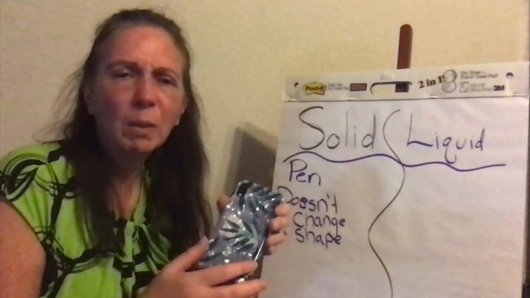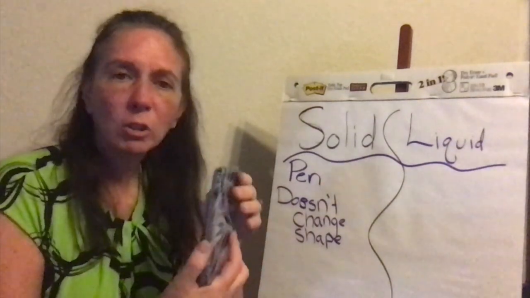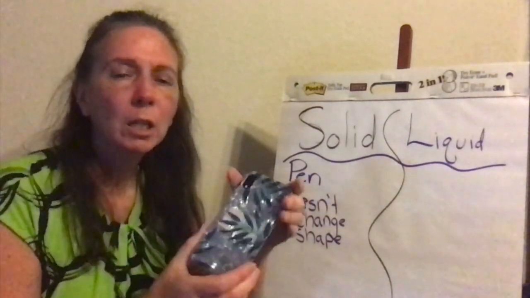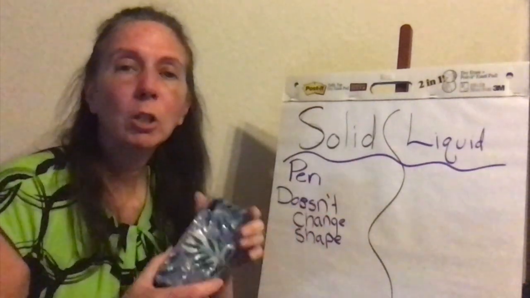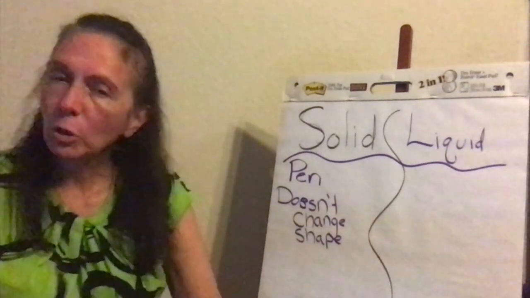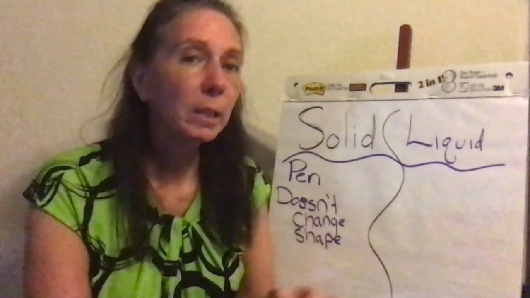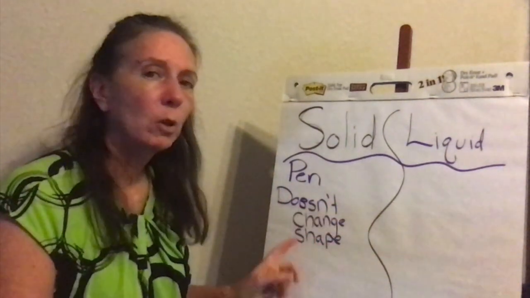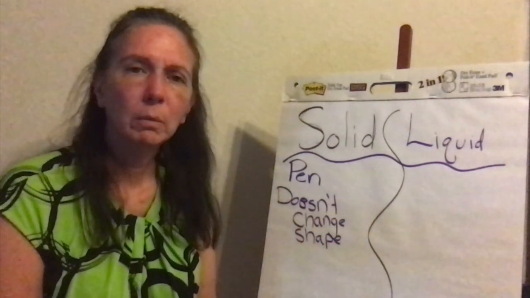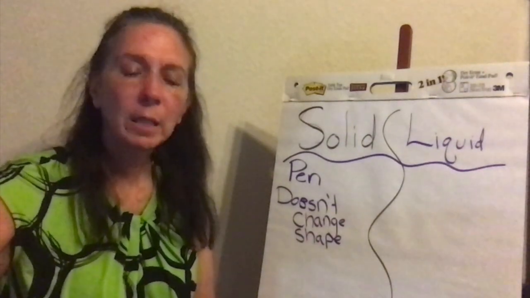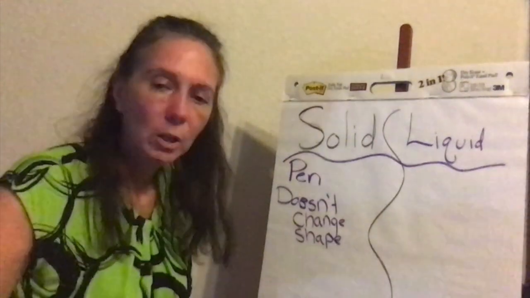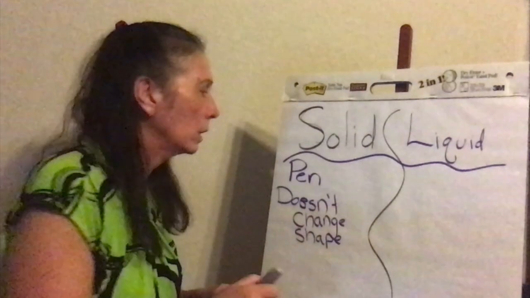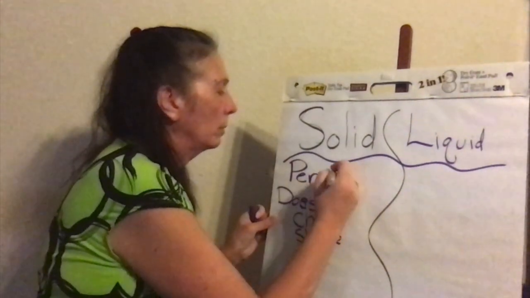It doesn't really change its shape, no matter how I turn it or move it. So that's what you're thinking about when you're thinking about a solid. It doesn't change its shape no matter where you put it. So a pen is an example, and we used a phone as an example.